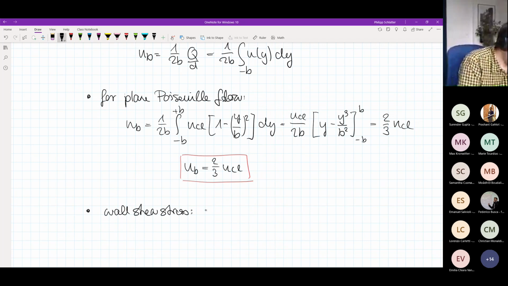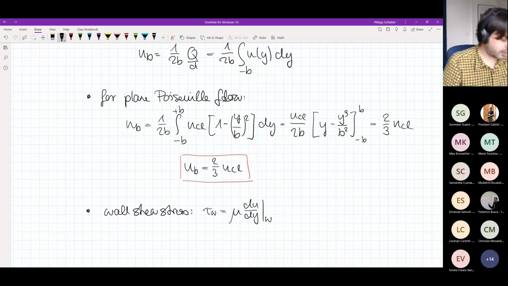And the wall shear stress, tau wall, well, we know the definition. Mu times du dy at the wall. And now because we know what the profile is, we can just evaluate that.